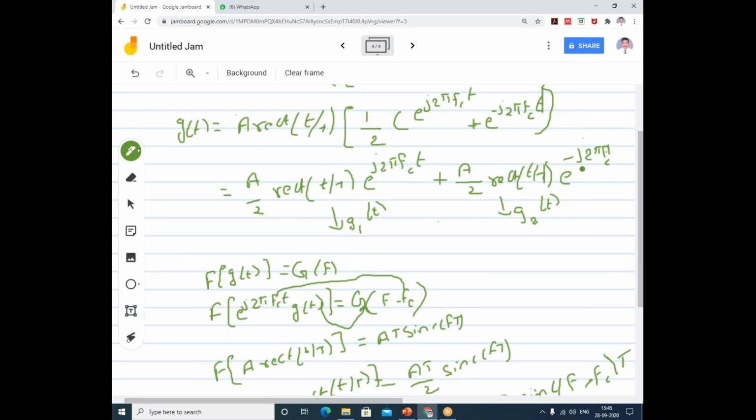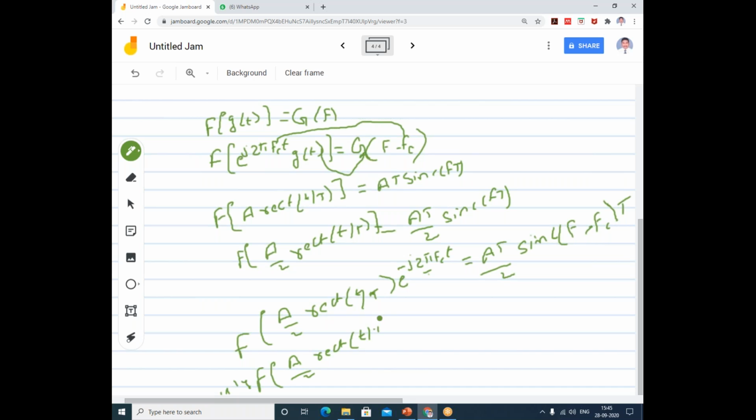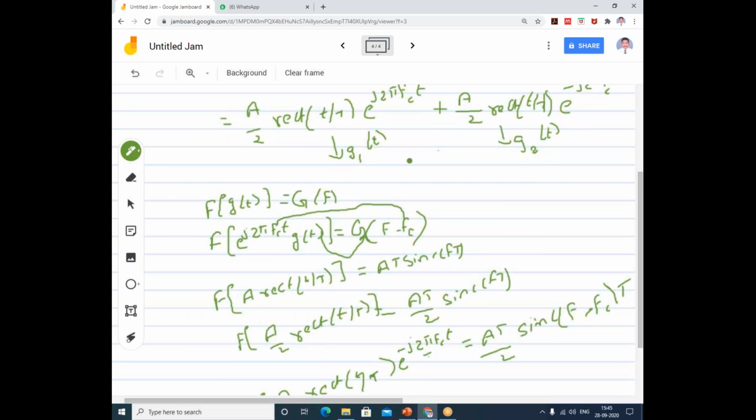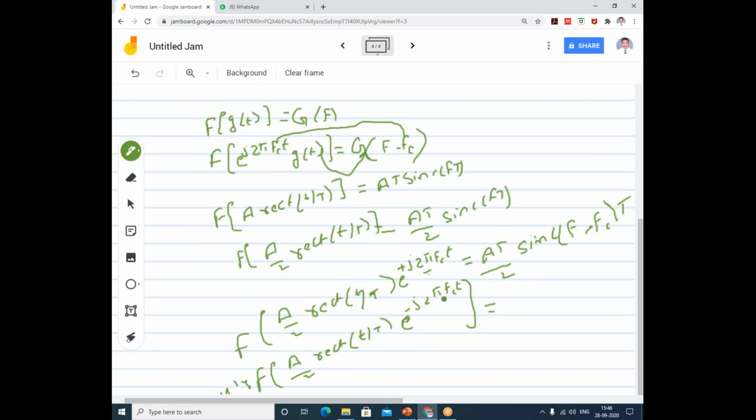Similarly, when you write the Fourier transform for the term with e power j 2 pi fc t, the Fourier transform of A by 2 rect of t by T, you can write it as AT sinc fT, and from the frequency shifting property you replace f with f plus fc.